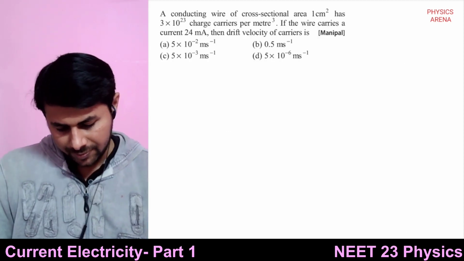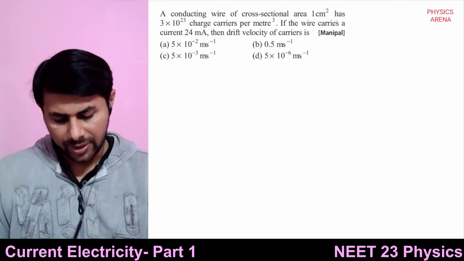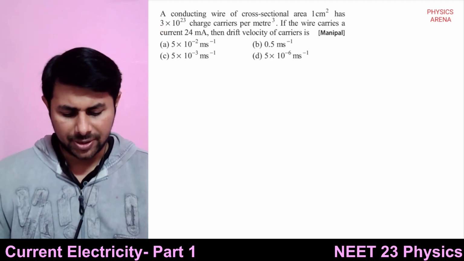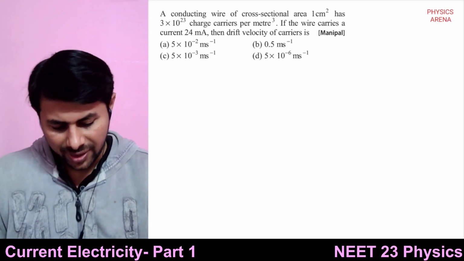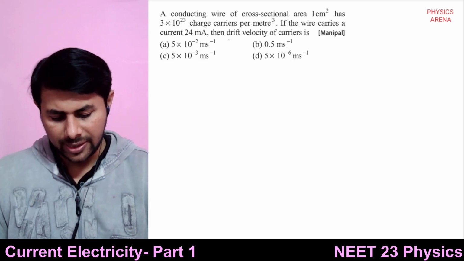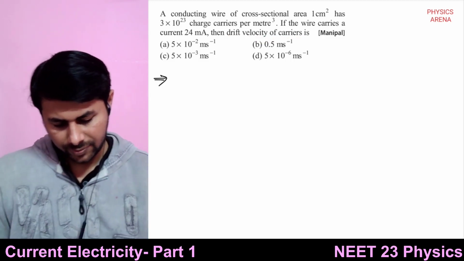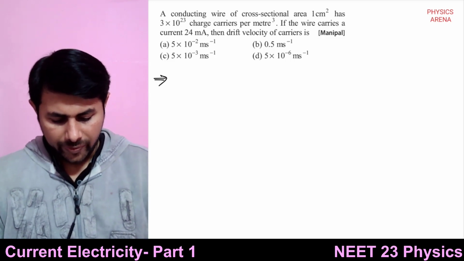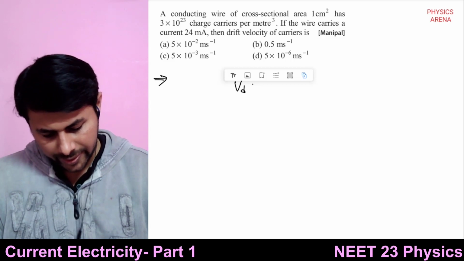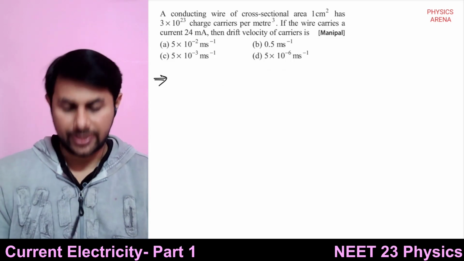Let's see the next one. A conducting wire of cross-sectional area 1 centimeter square has 3 multiplied by 10 raised to 23 charge carriers per meter cube. If the wire carries a current of 24 milliampere, then the drift velocity of carriers is? What is the formula of drift velocity? Current is given, so we want current in terms of drift velocity.